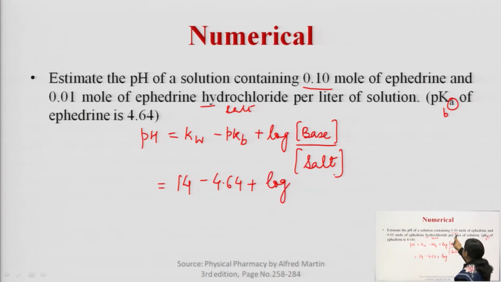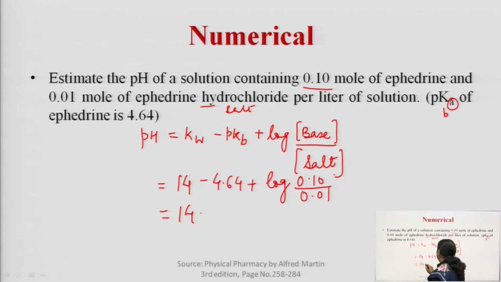So, what is the base here? 0.10 and what is the concentration of the salt here? 0.01, right. So, it can be calculated as 14 minus 4.64 plus log 10, right.